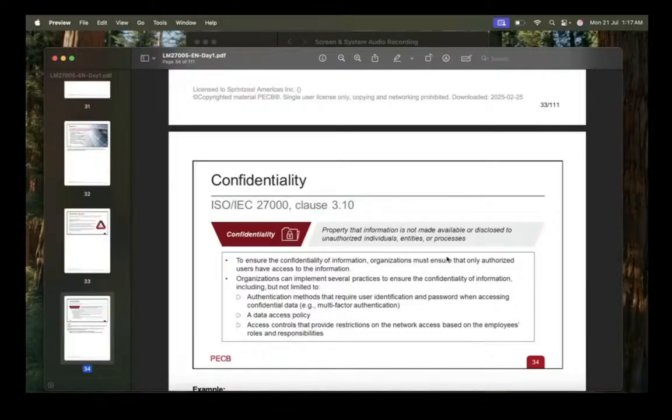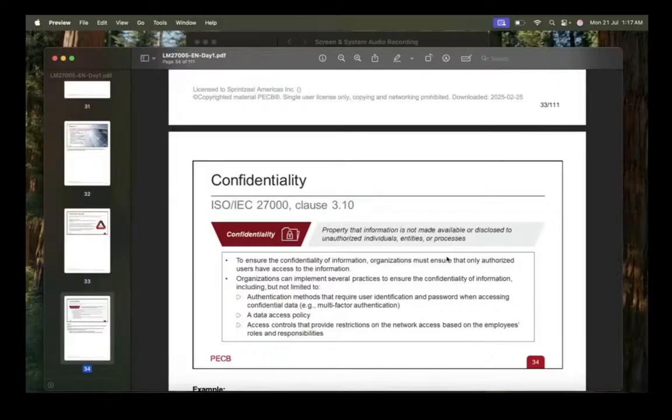Then there are access controls that provide restrictions on network access based on the employees' roles and responsibilities. For many organizations, they don't provide all the access to all the employees. There are some accesses that are only for some authorized individuals.